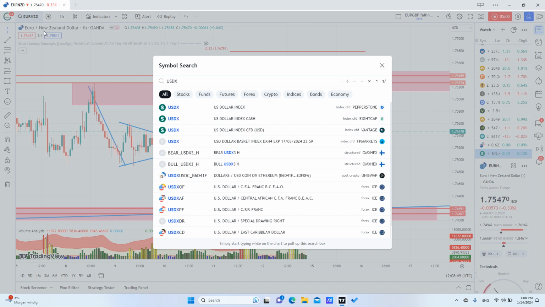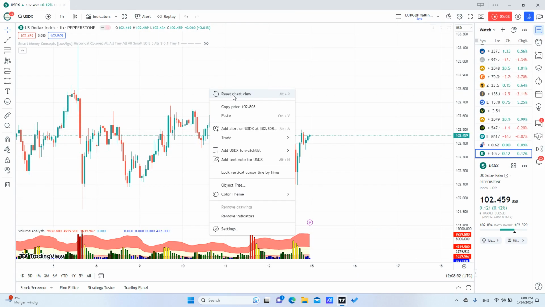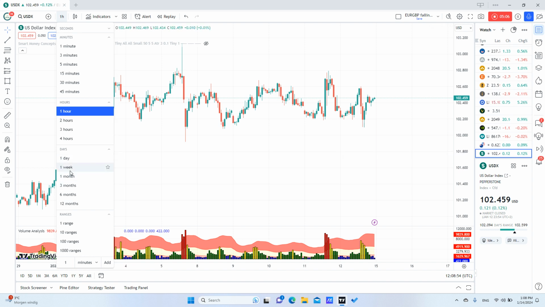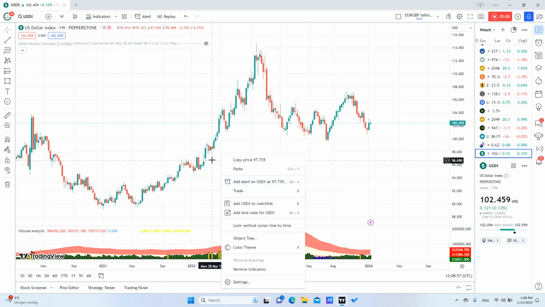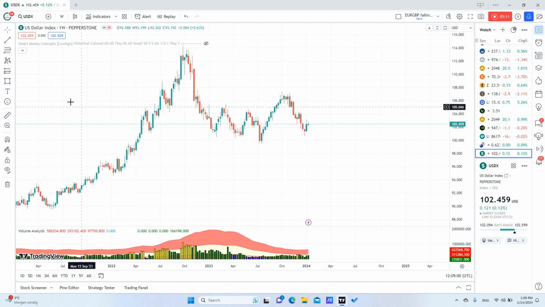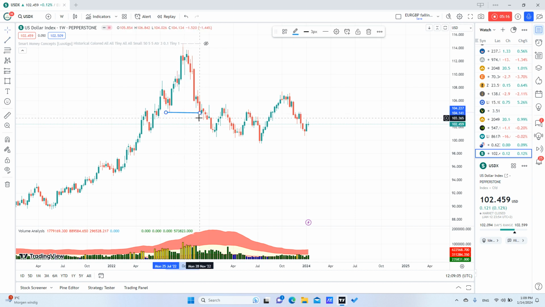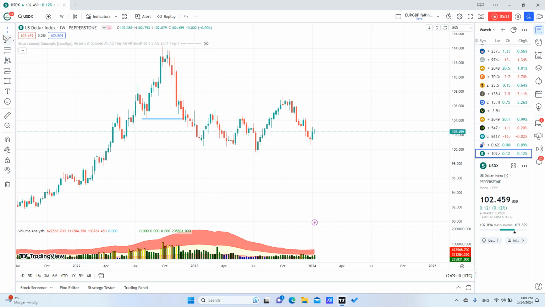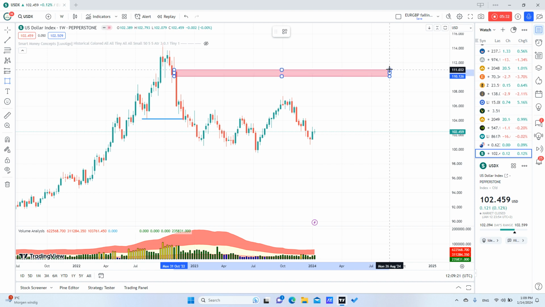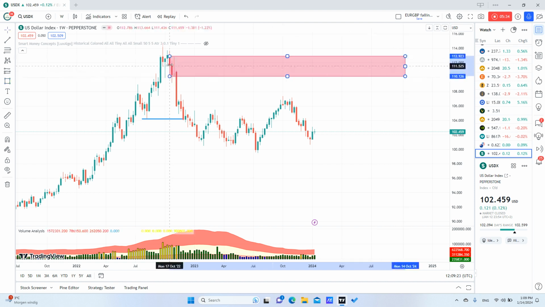I will start with the index. I will go to the weekly time frame. And as you can see here, we are overall bearish. So I expect that the next year, because this is a weekly chart, the dollar will be very weak. And we have this true supply here.